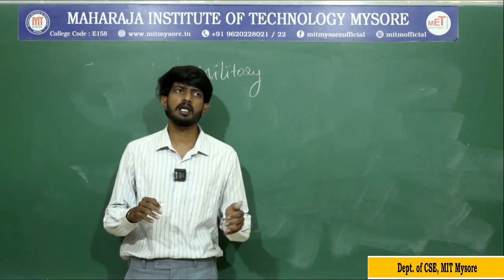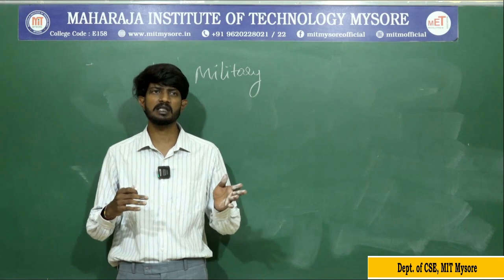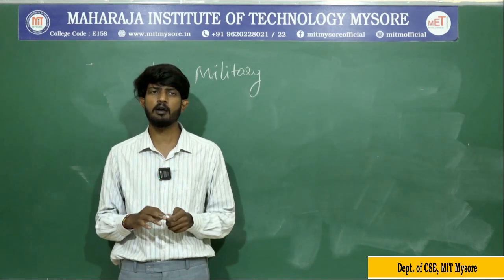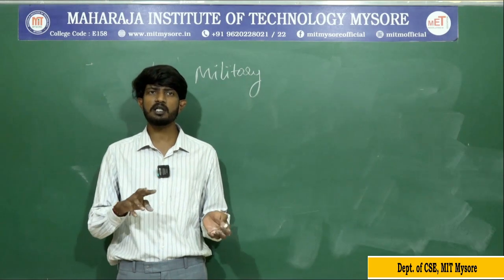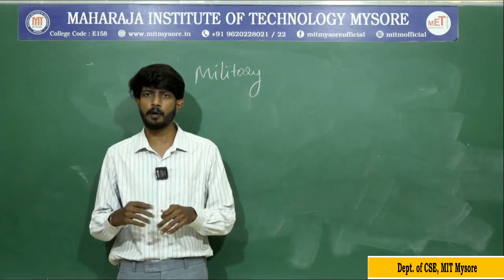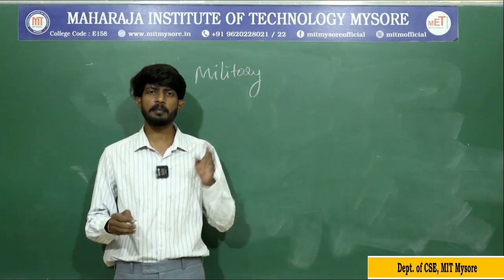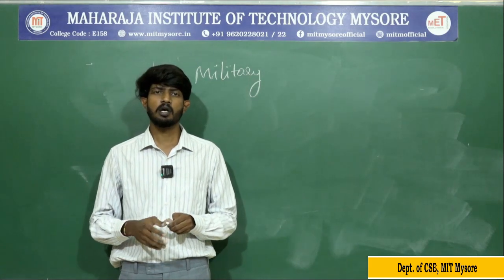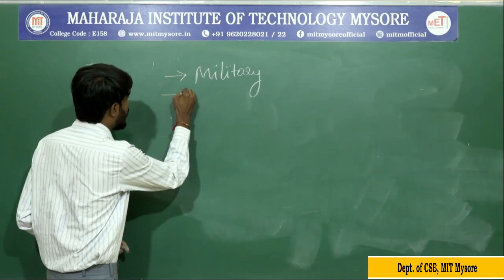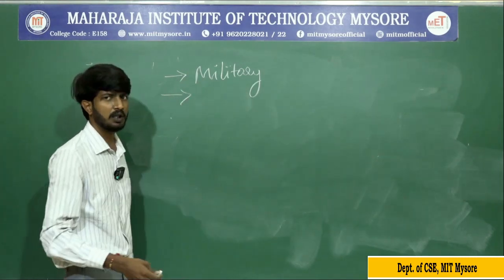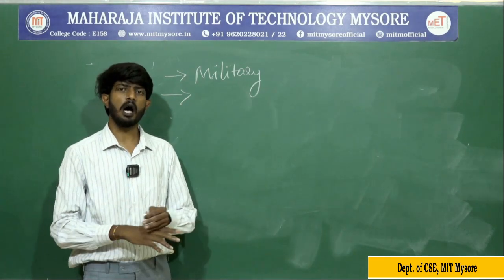The soldiers would give messages to their commander in the form of zeros and ones. So we need to convert those zeros and ones to a proper message. So for that purpose computers were used in those days. Now computers are used all over the world.